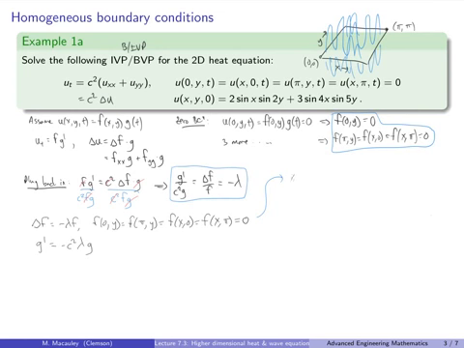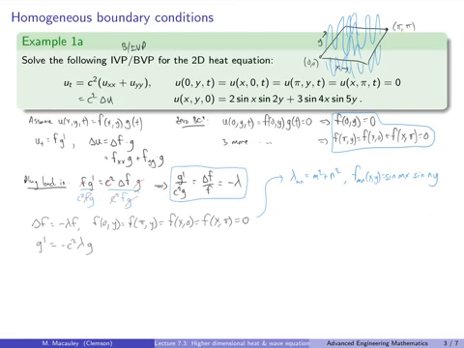We know that lambda is equal to m squared plus n squared, so I'm going to call this lambda mn. That's the eigenvalue of this operator. It's the lambda that works. And the eigenfunction is f mn of x and y equals sine of mx sine of ny. Again, we did that in the previous lecture.